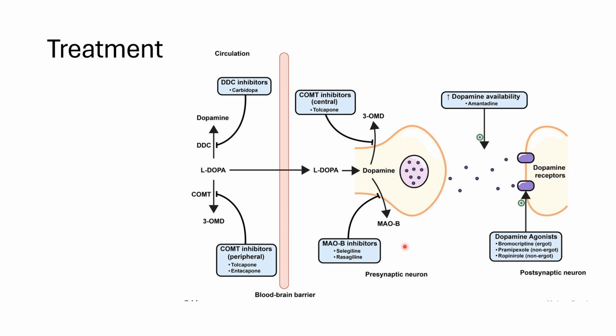We have MAO inhibitors to stop the dopamine from again being broken down by MAO. We can increase the dopamine availability between the presynaptic and postsynaptic neurons at this stage, and then we can help stimulate the dopamine receptors in the postsynaptic neuron.